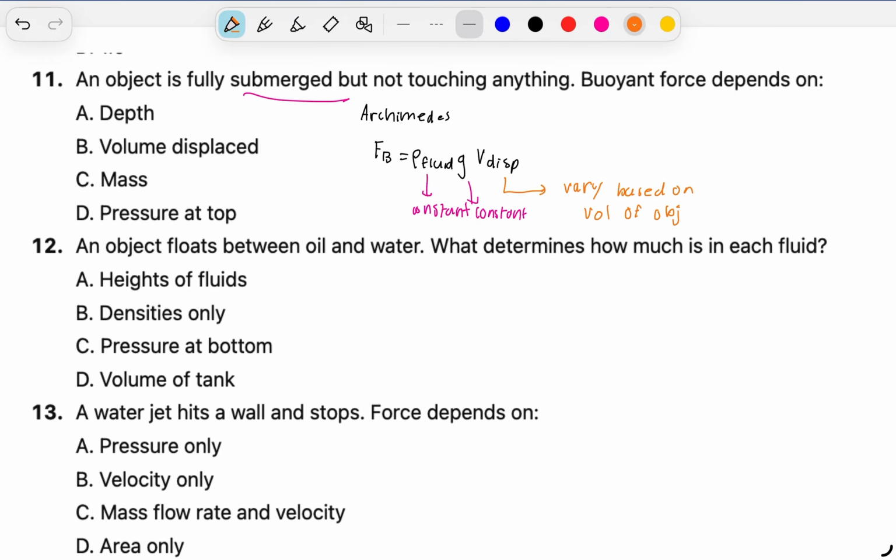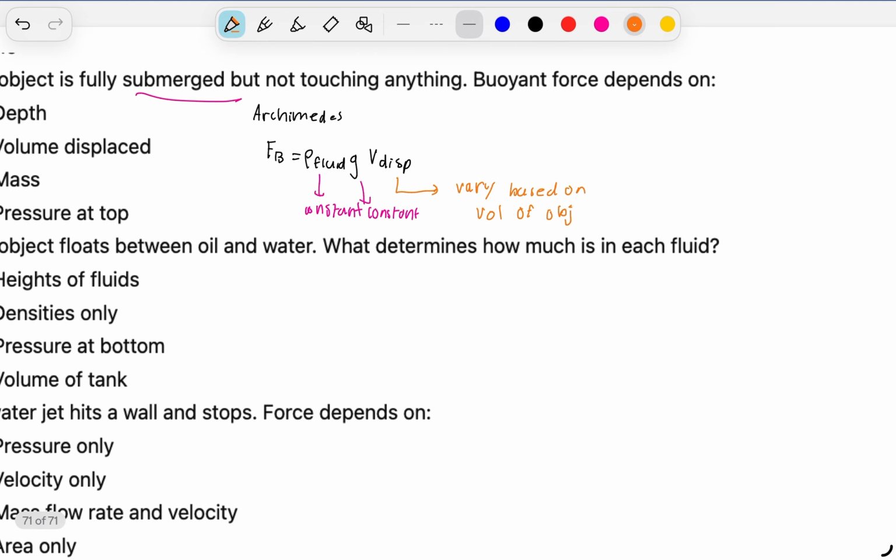Now, we have to check our dependence on depth. What here do we know would change if we changed our depth? Well, we know that we have pressure, and this is equal to our initial pressure plus rho GH.